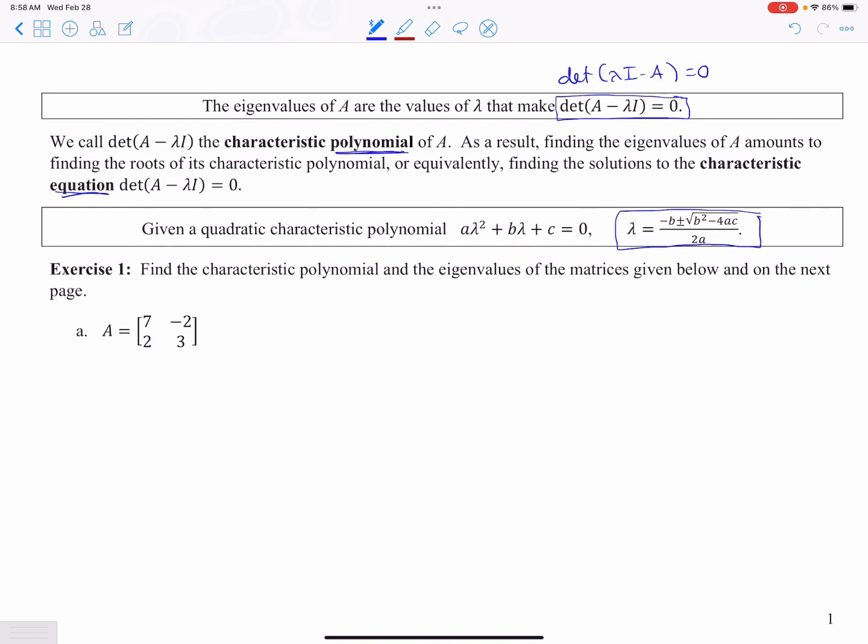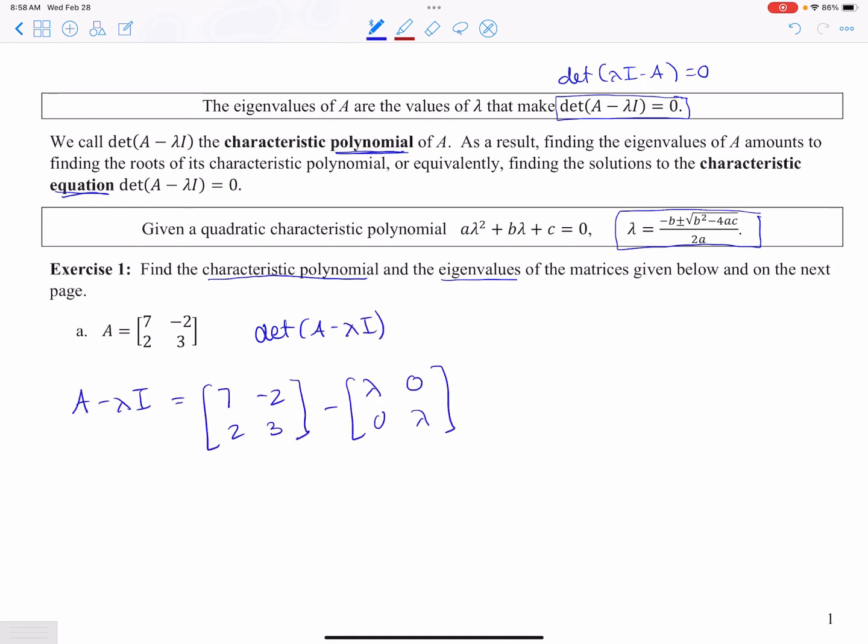Exercise 1 wants us to find the characteristic polynomial and the eigenvalues for the matrix. So the characteristic polynomial is the determinant of A minus lambda I. A minus lambda I is this A, and then lambda I is the identity matrix multiplied by lambda, so we have lambdas on the diagonal.